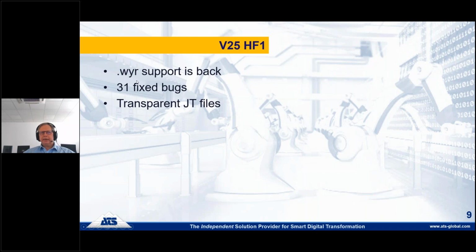We brought back the display support for the old Wiresmith files, as we learned that a couple of you still have a large set of them. 31 bugs are fixed by today, and we added the support for transparent JT files. However, you can't combine the transparency on an individual view and the JT file transparency in the same view, but transparent JT files are now properly displayed.